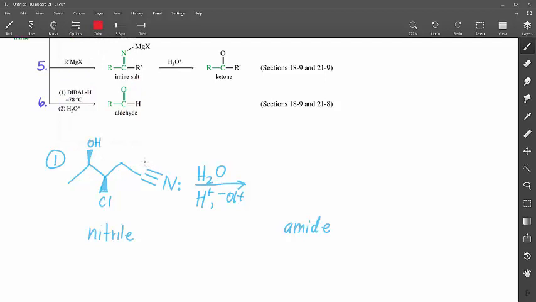This is the best way to do it. 1, 2, 3, 4, 5. So I want to make 5 carbons. And bonded to that 5th carbon, I'm going to have an NH2.